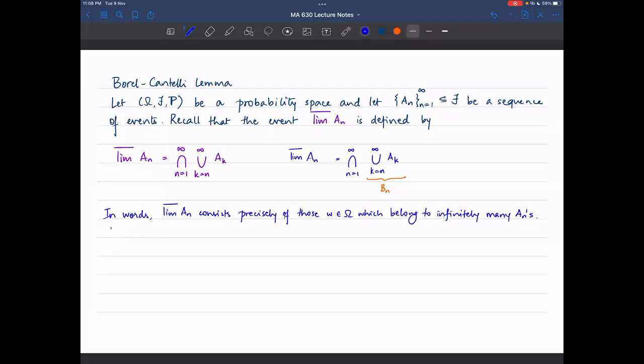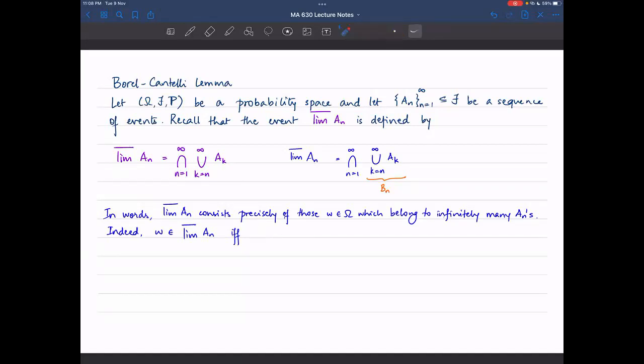Indeed, ω is in lim sup A_n if and only if ω belongs to this quantity. Now, if ω has to belong to the intersection n going from 1 to infinity of these sets, that means for every n, ω has to belong to the union k going from n to infinity of A_k.